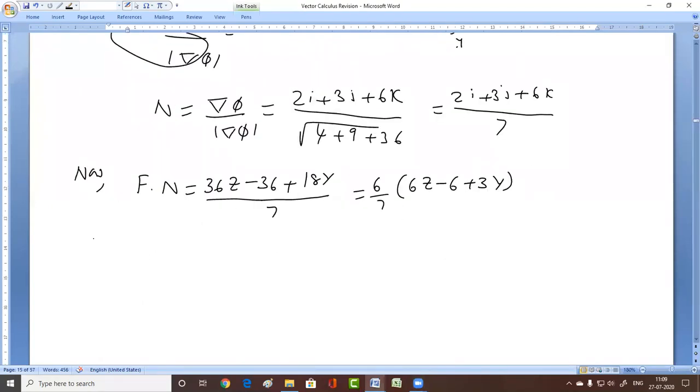Integral f dot n ds. For this purpose, what is ds? Now we will find ds, then we will discuss the integral value. Wait 1 minute.